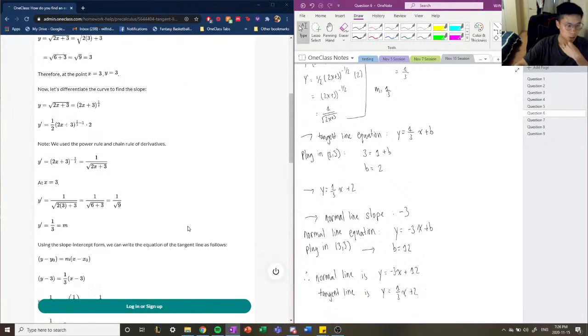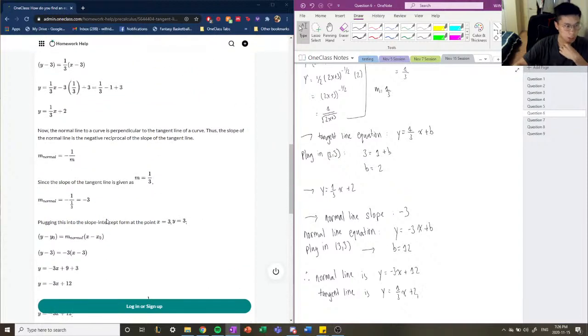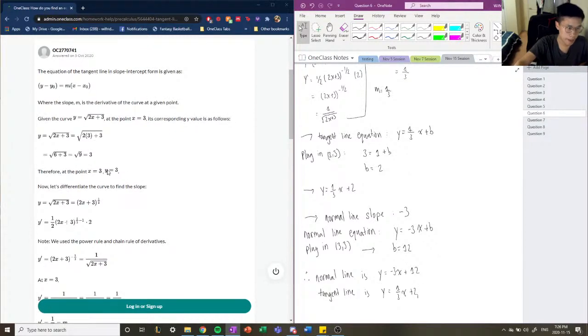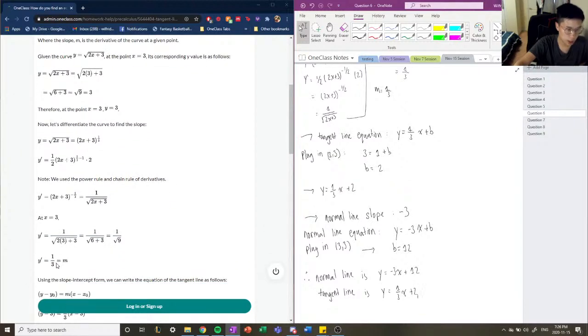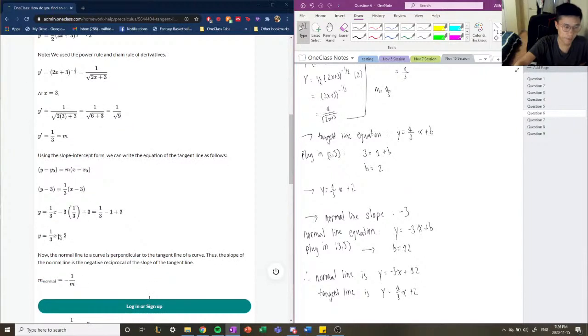So let's check the answer here. So the answer is correct. They found the tangent line by first finding the point on the curve, which is (3, 3). They derived it, and by deriving it, they can now find the slope at x equals 3 by plugging in 3. They did that, and they found that the slope is 1 over 3. They then used the slope-intercept form to derive their line equation.